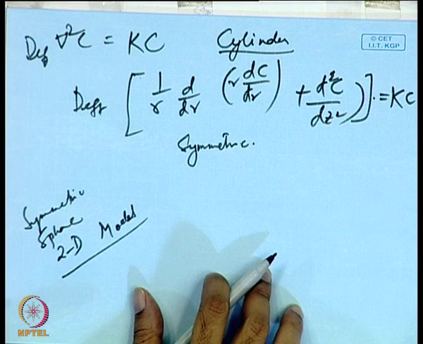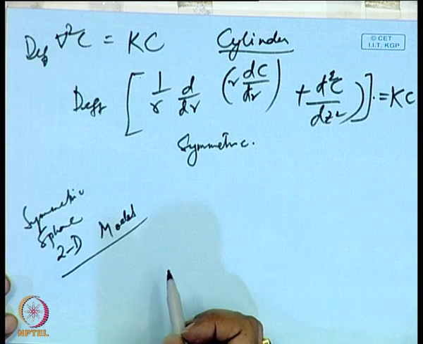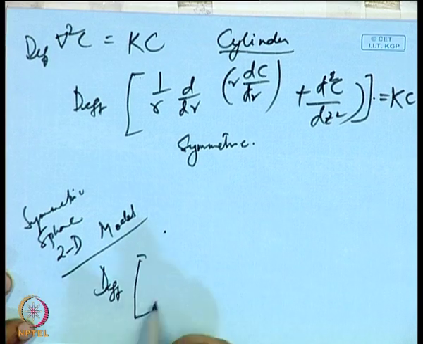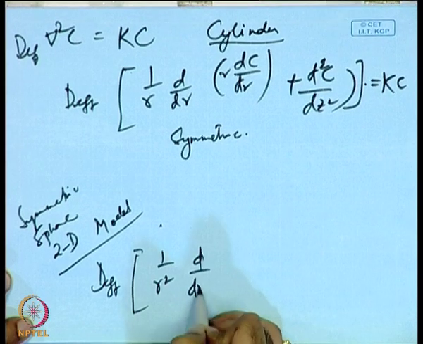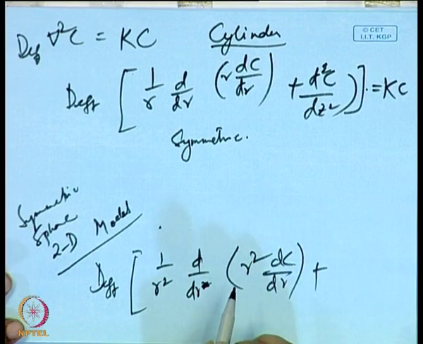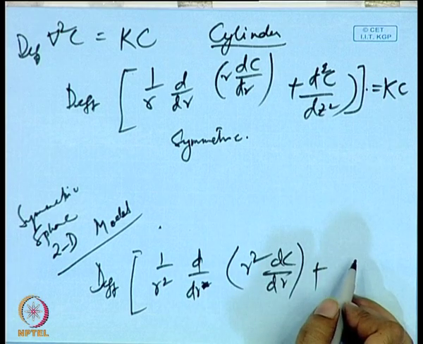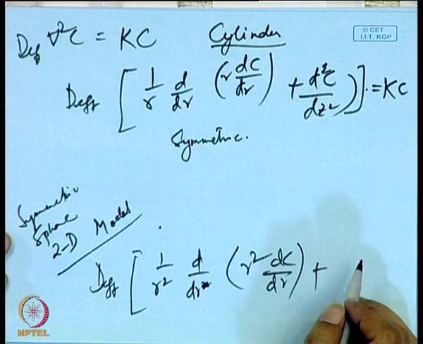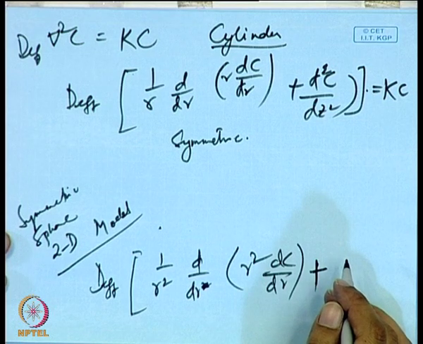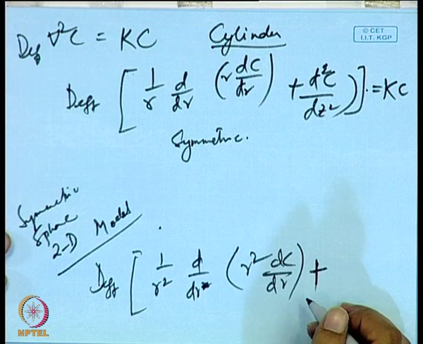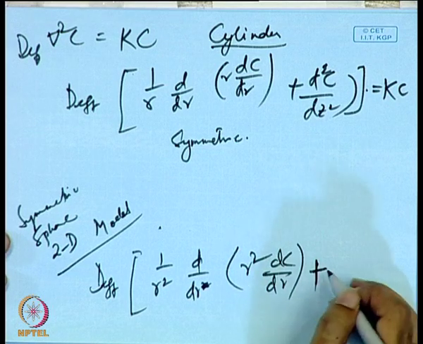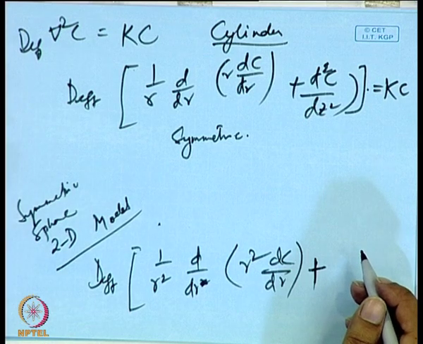Let me add the radial part, plus what would the other components be that would come in? Maybe theta and phi, but I asked you to write a 2D model. So, which one would you choose?